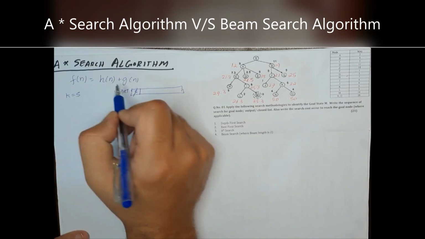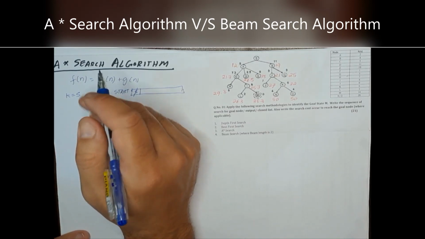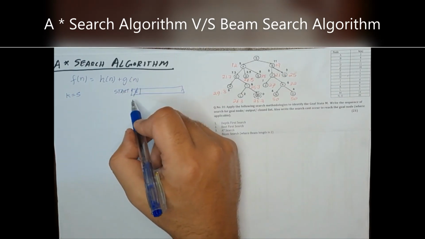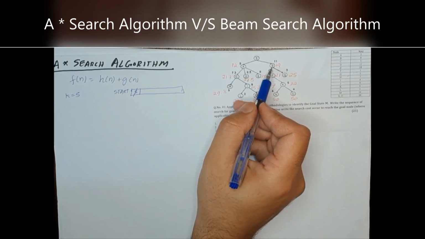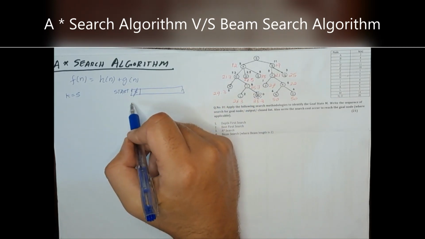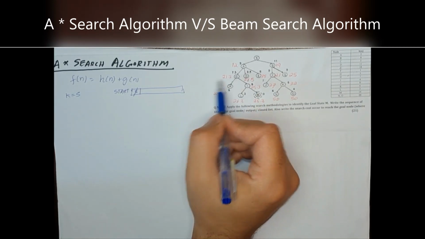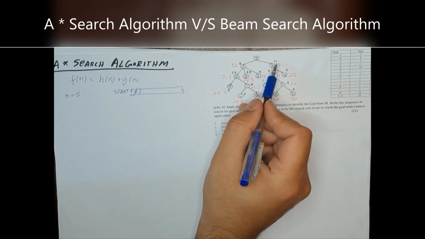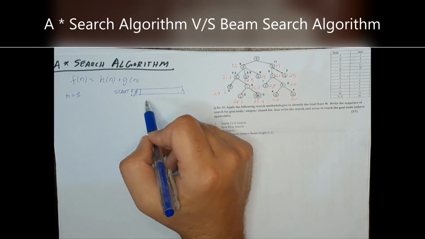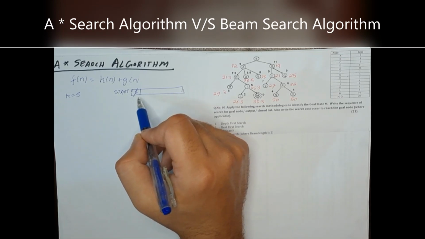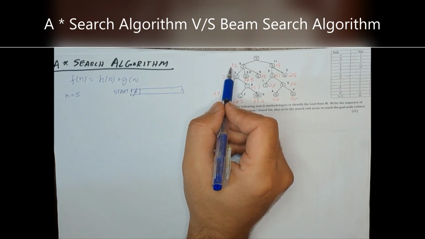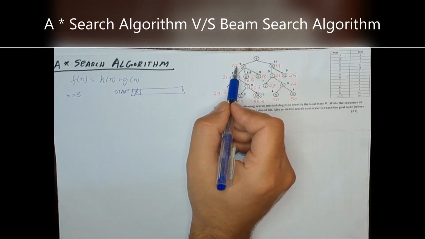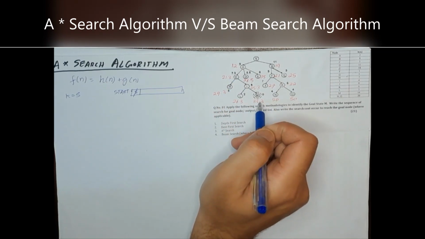If not goal, we will follow a particular procedure according to which we will first expand s to its successors, its child nodes, which are a and b. But again, how we are going to arrange them depends upon their heuristic values. The one that has lesser will come first, and the one that has more value will come later, so that we can find the path that needs the least cost to reach the goal node.